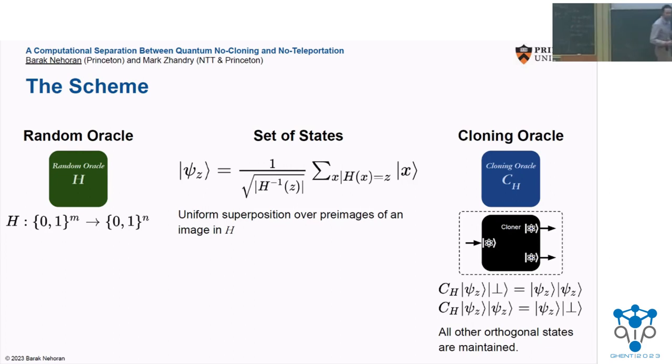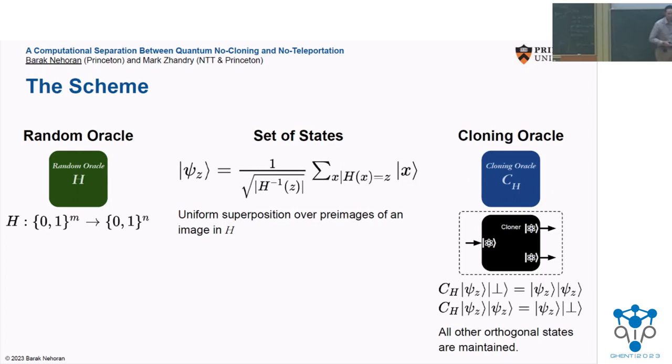Now, before I get any objections that say, is this cloning oracle unitary? Well, yes, it is, because if you take a look at the set of states, you'll notice that these states are orthogonal, and orthogonal states can be cloned, but maybe not efficiently. So this cloning oracle just abstracts that away and clones these states.